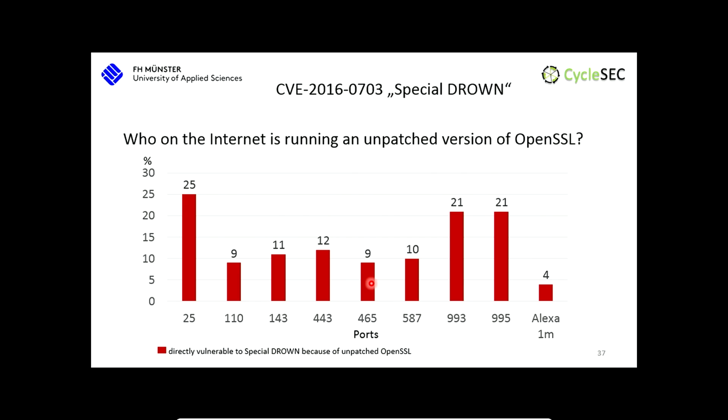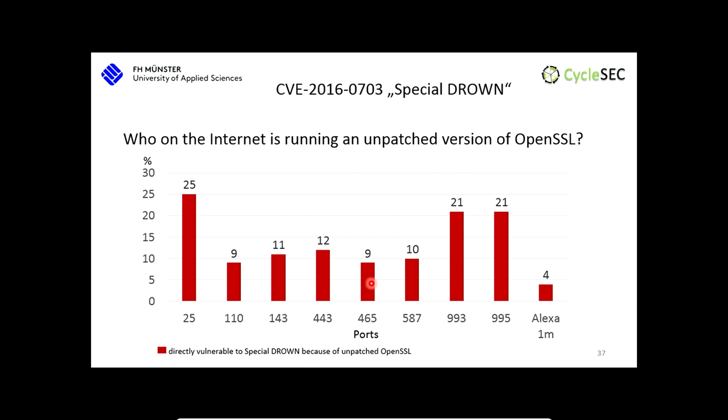Why I'm explaining this to you is that we can scan the internet again for this. We can look at who didn't patch their OpenSSL when we submitted the patch 1.5 years before, right?